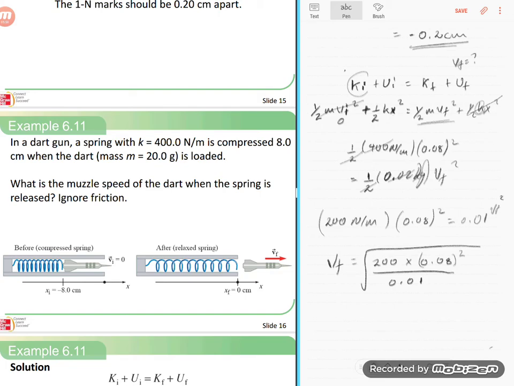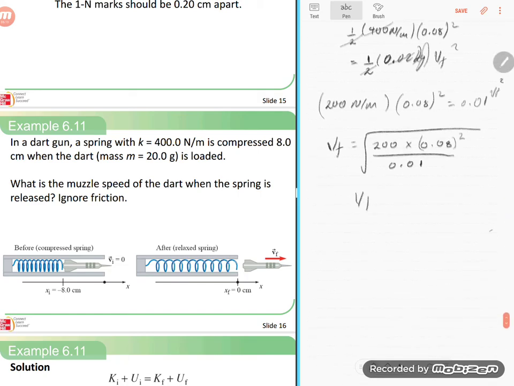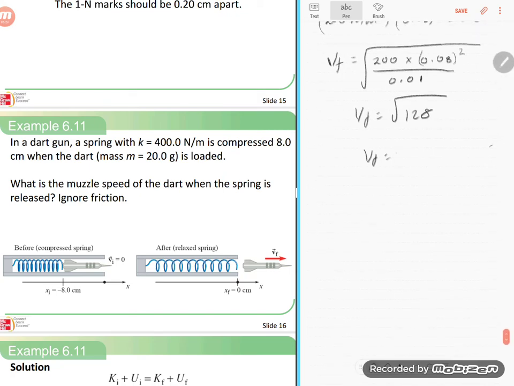So 200 times 0.08 square divided by 0.01. It came to v final equal to the square root of 128. So v final is the square root of 128, which is 11.3 meter per second.